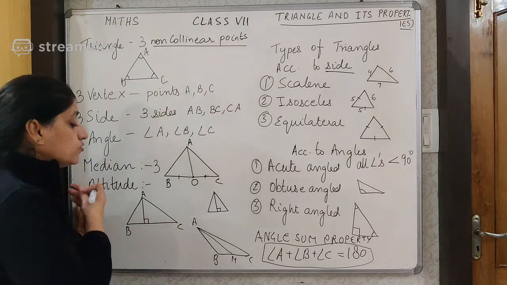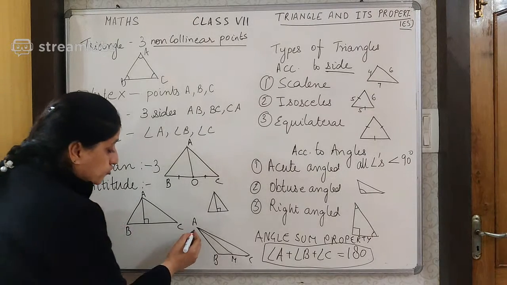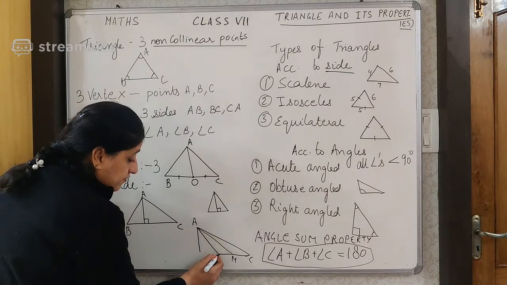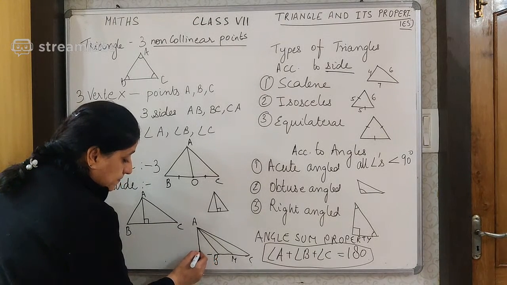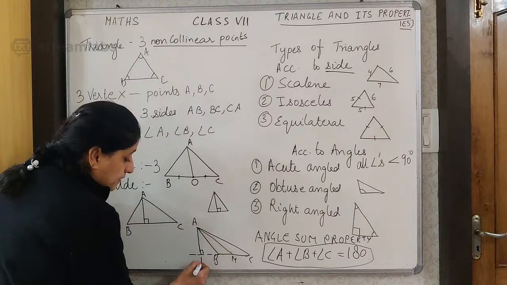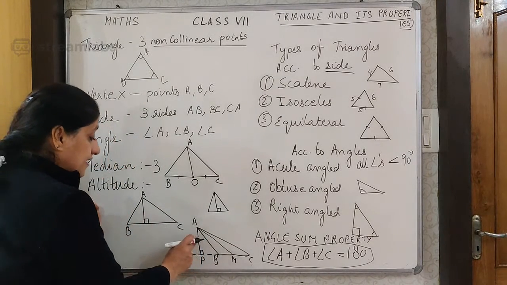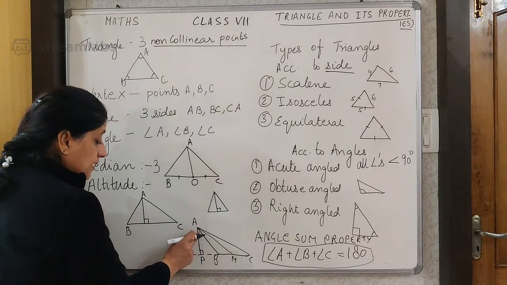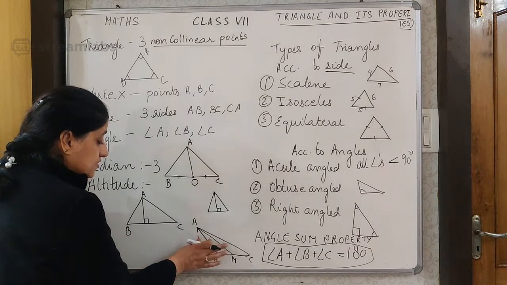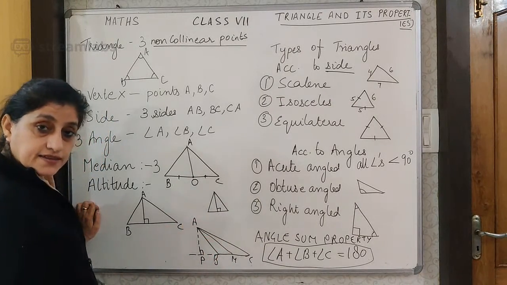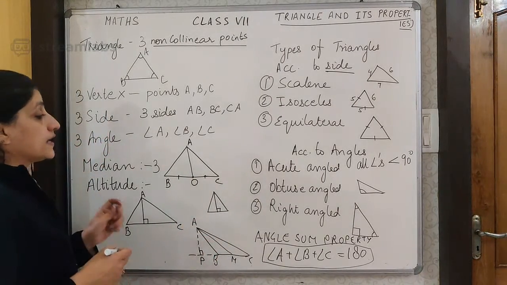But if I have to make an altitude, I have to drop a perpendicular. It will come like this and we will have to extend this side. This is the perpendicular or the altitude of this triangle. Okay. AP is the altitude of this triangle, and you can see it is not lying inside the triangle. It is outside the triangle.